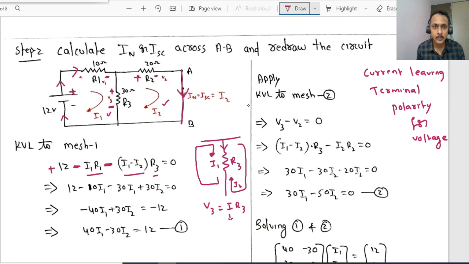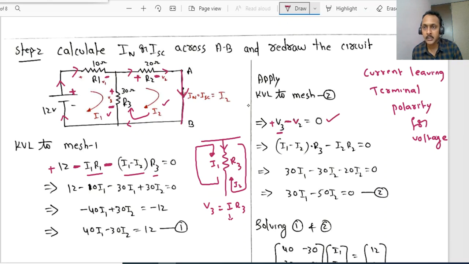I2 flows like this, and this resultant current is leaving at the positive terminal, so plus V3. Now this I2 came up to here and is leaving R2 at the negative terminal, so minus V2 equal to 0.